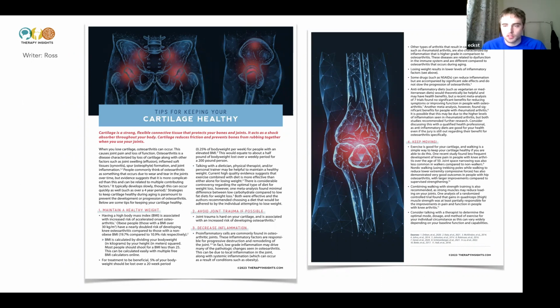It's not really supposed to be prescriptive for weight loss, but it talks a little bit about some targets you could shoot for, like 0.25% of your body weight per week, which is about a half pound for a 200-pound person, which is very achievable, and how that has been shown to be beneficial for people with osteoarthritis.